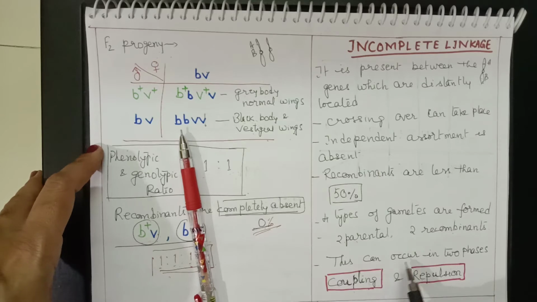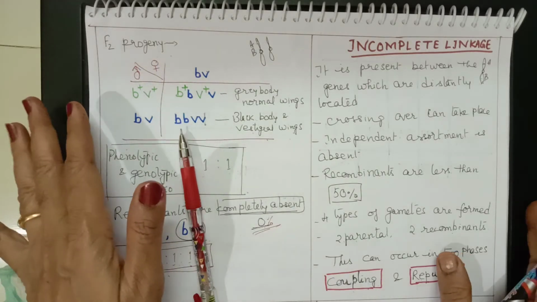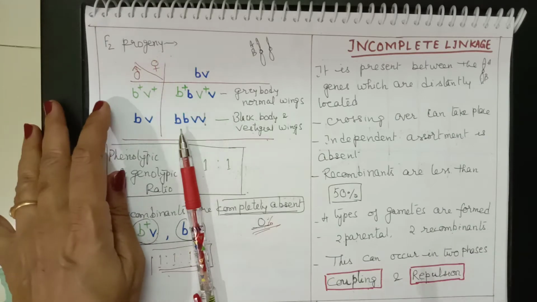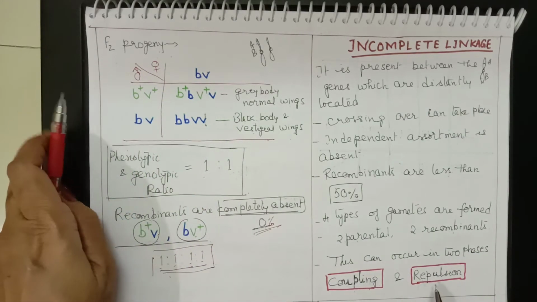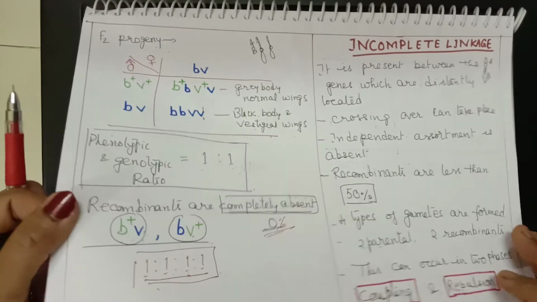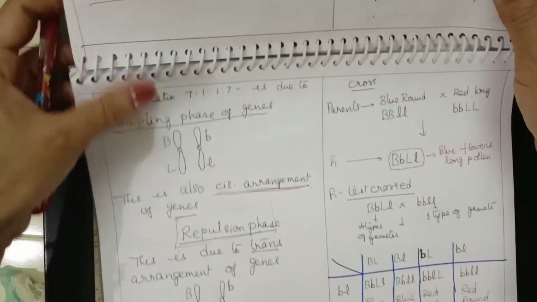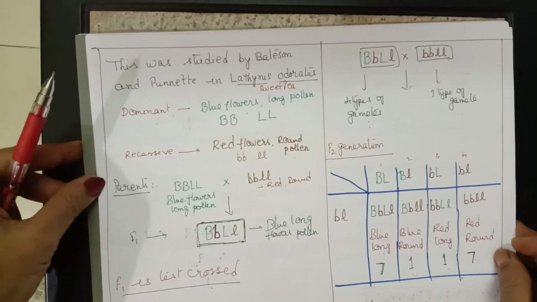And this occurs in two phases. Incomplete linkage we can explain in two ways, two phases. So what are those two phases? Coupling phase and repulsion phase. So let us see what is a coupling phase and what is a repulsion phase.